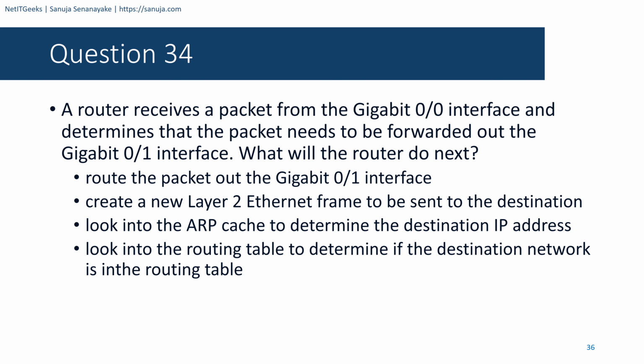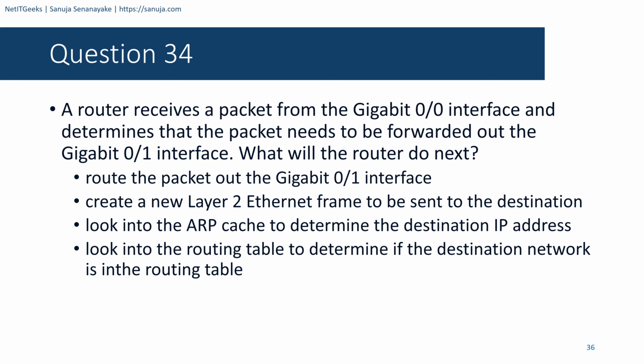The answers include: route the packet out the gigabit 0/1 interface; create a new layer 2 Ethernet frame to be sent to the destination; look into the ARP cache to determine the destination IP address; look into the routing table to determine if the destination network is in the routing table.